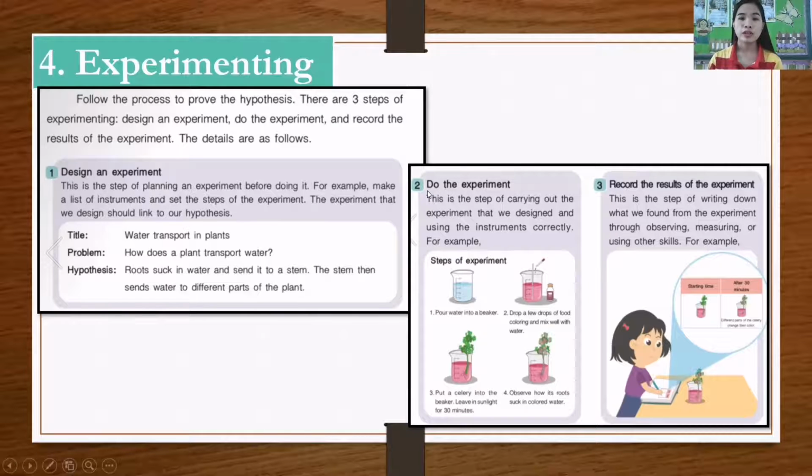Second, after you plan your experiment, you are going to do the experiment. And the third, you are going to record the results of the experiment. So that is all about experimenting.